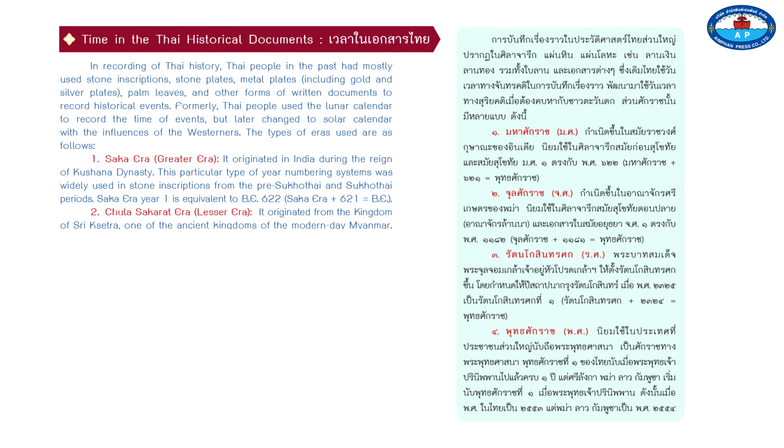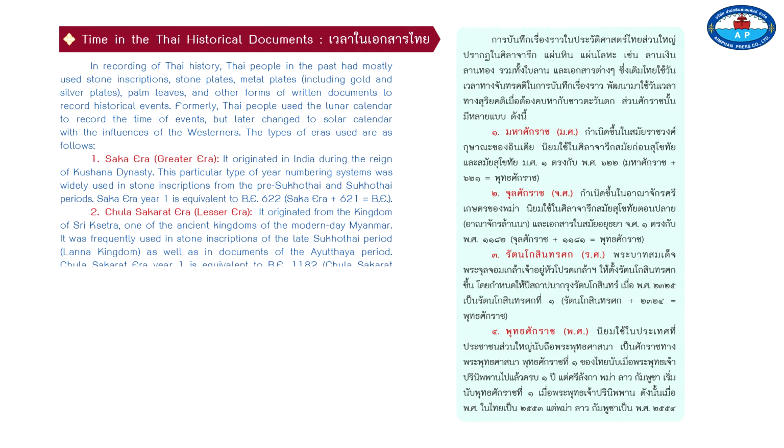2. Junla Sakarat era, Lesser era. It originated from the kingdom of Srikasetra, one of the ancient kingdoms of modern-day Myanmar. It was frequently used in stone inscriptions of the late Sukhothai period, Lana kingdom, as well as in documents of the Ayutthaya period.